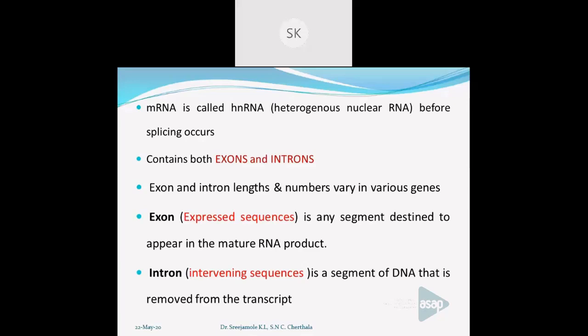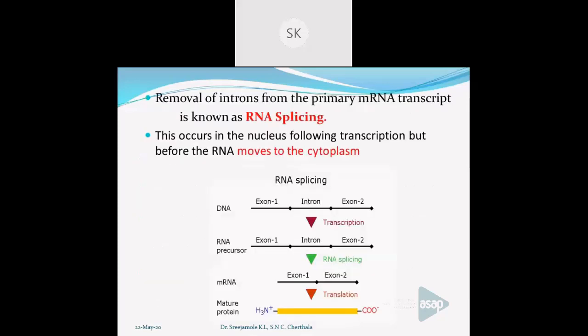The removal of introns from the primary mRNA is known as RNA splicing. And RNA splicing happens once the RNA is completely synthesized and before it is transported to the cytoplasm.